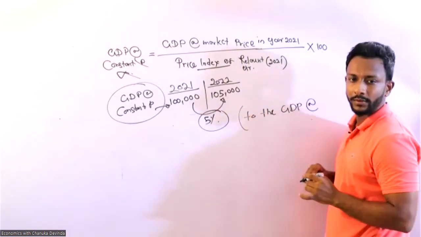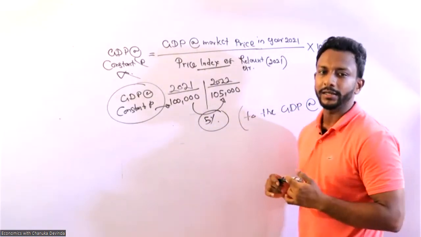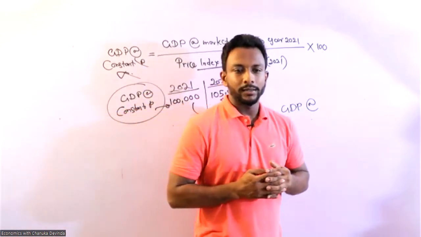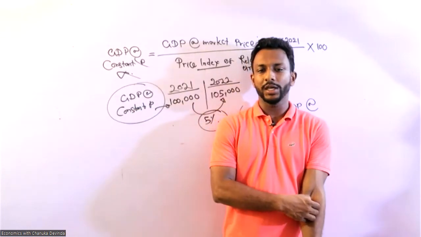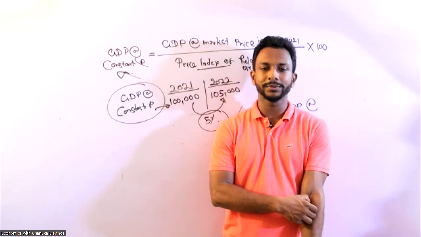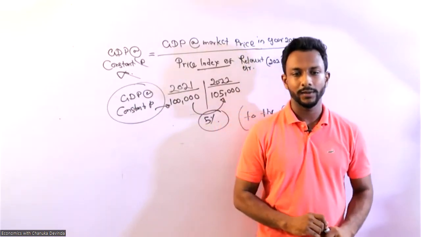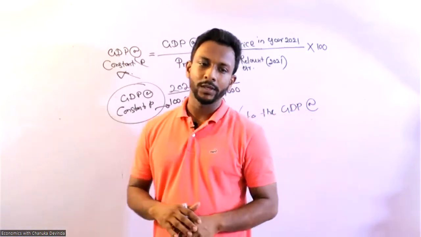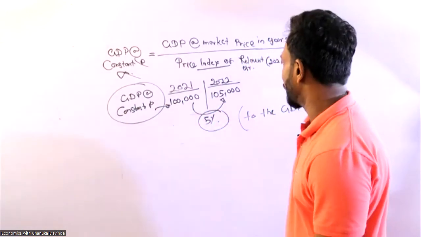So it should be corrected as: the economic growth rate is the percentage of change in the GDP over the last 2 years at constant price. Then you can cut the rest. No need, it's useless.